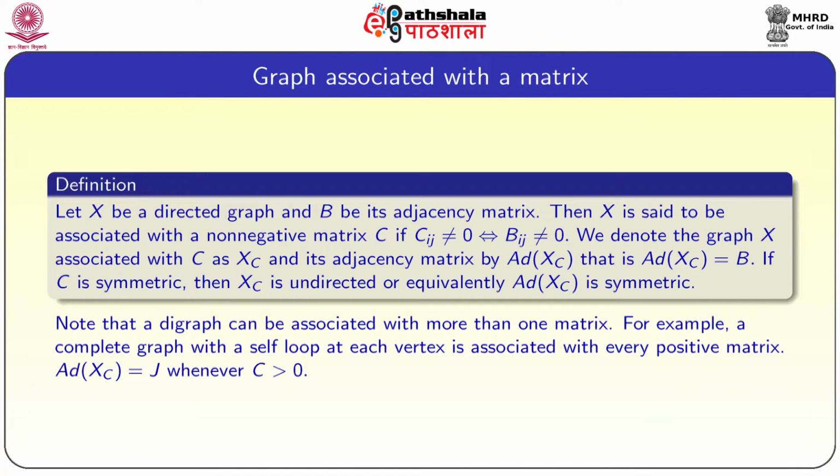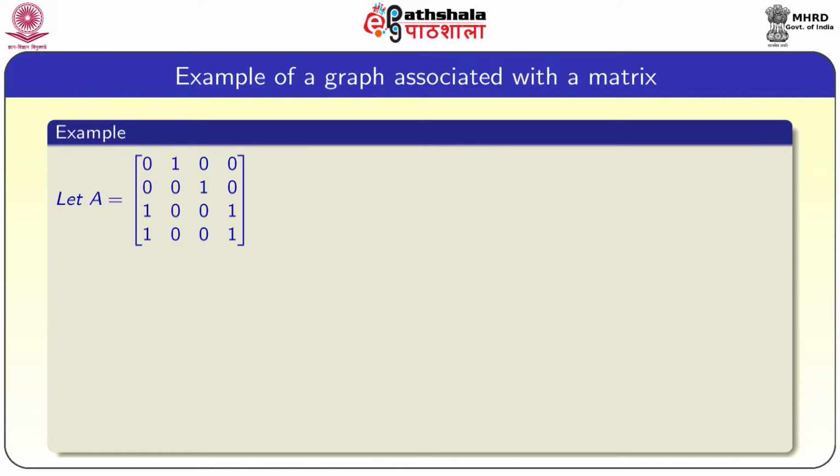Note that a digraph can be associated with more than one matrix. For example, the complete graph with a self loop at each vertex is associated with every positive matrix, that is, the adjacency matrix of XC is equal to J whenever C is greater than 0, that is, C is a positive matrix.